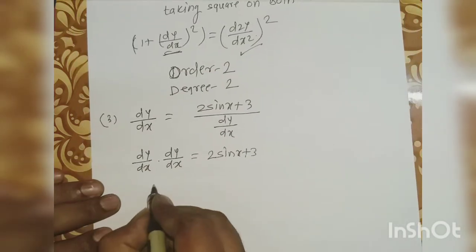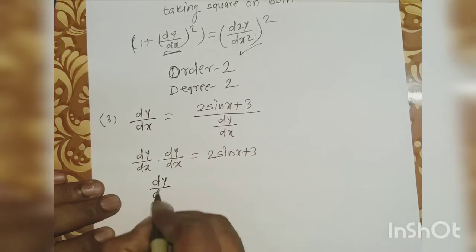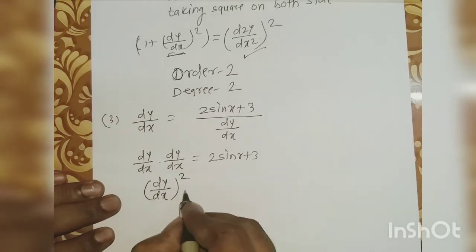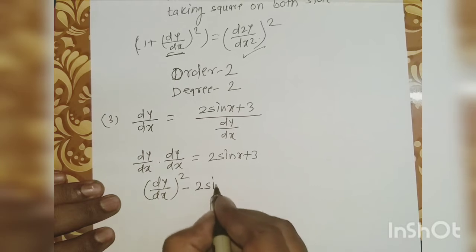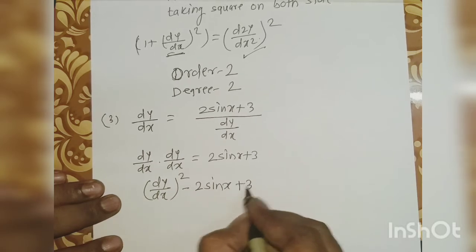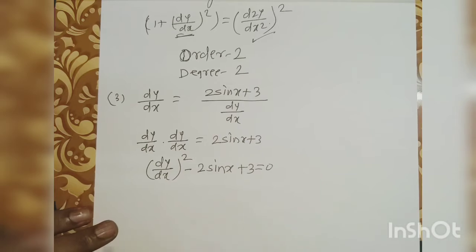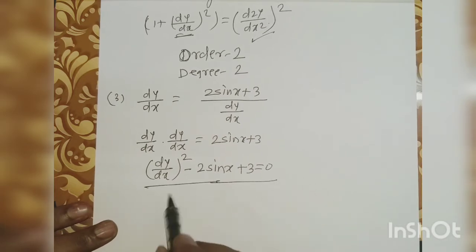So dy by dx bracket square minus 2 sin x plus 3 is equal to 0. Now this is the simplified differential equation.